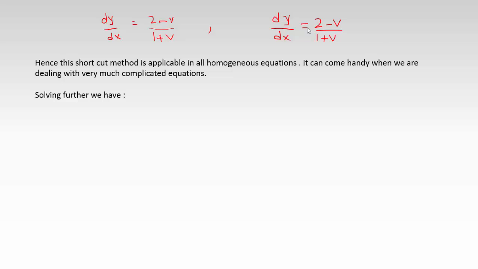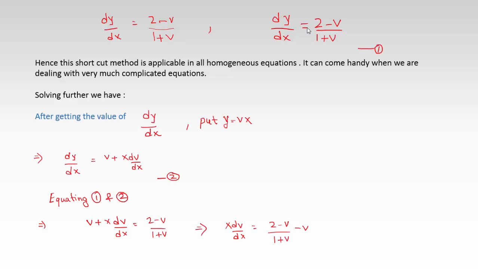So further solving it, we put y equals vx to get the value of dy by dx. Now interestingly, there is a trick in it. We have put y equals v and x equals 1 to get the value of dy by dx in the given equation. Now to get the other value of dy by dx, we cannot put y equals v and x equals 1.